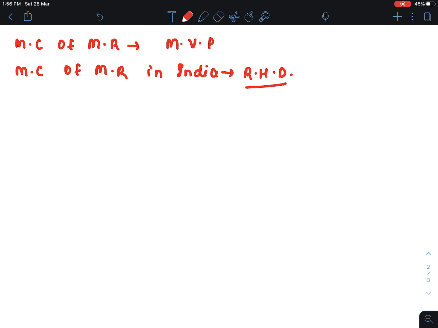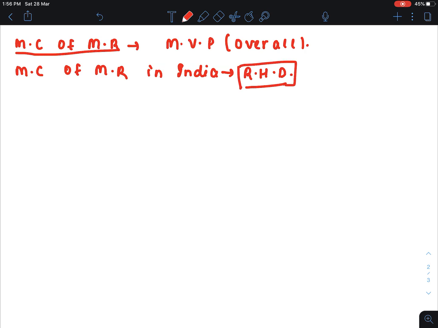Mitral valve prolapse is the overall most common reason for mitral regurgitation, but if the question specifically says in India, the answer will be rheumatic heart disease.